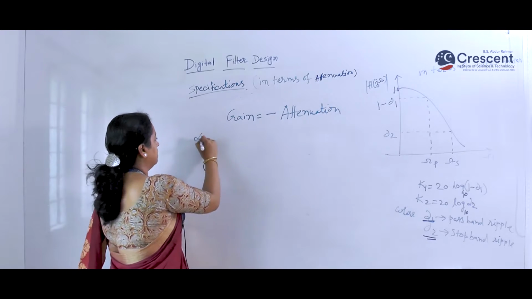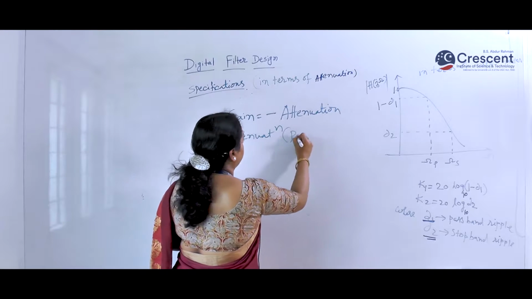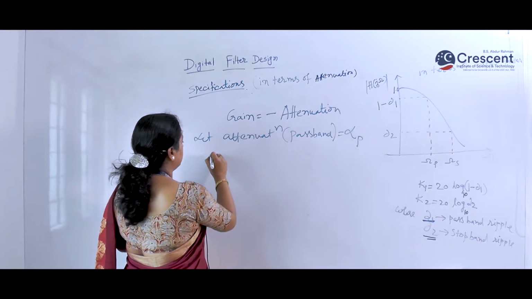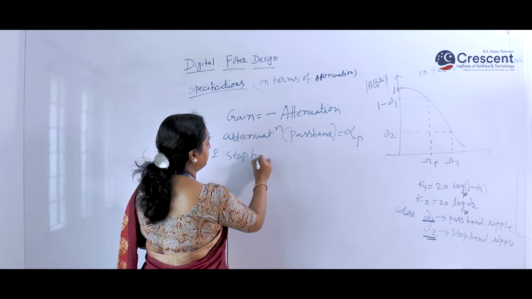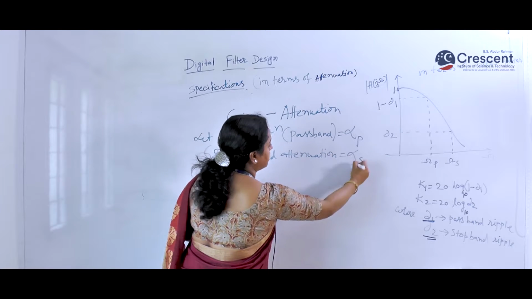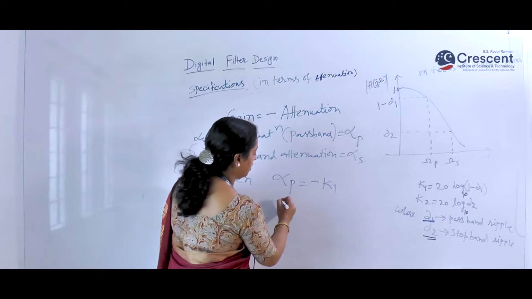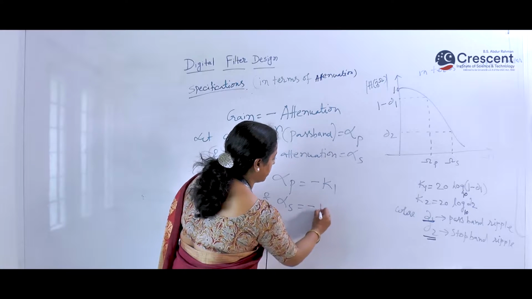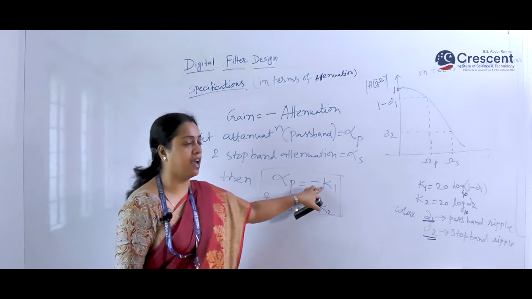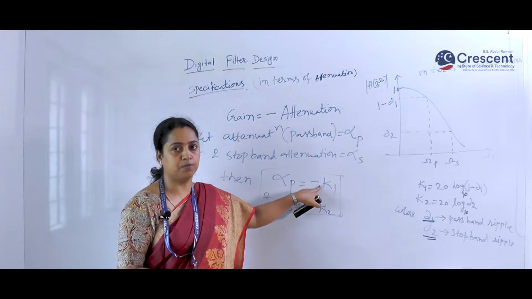Suppose the attenuation in the passband is given as alpha p, whereas the stopband attenuation is alpha s, then alpha p is nothing but minus of K1 and alpha s is minus of K2. So how are they related to gain? Attenuation and gain have an inverse relationship in normal scale, whereas in dB scale we write this in terms of minus.